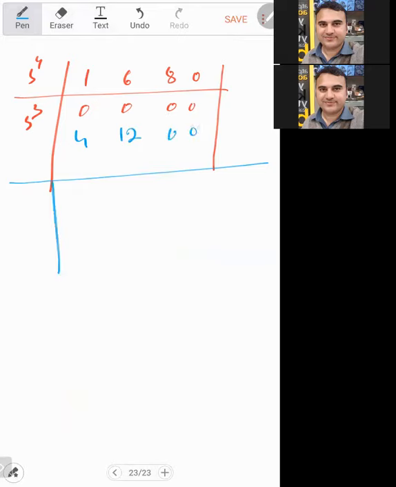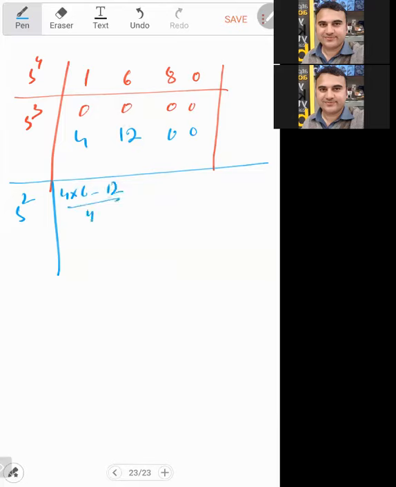So now the next row, S2, will be equal to 4 multiplied by 6 minus 1 multiplied by 12, divided by 4.